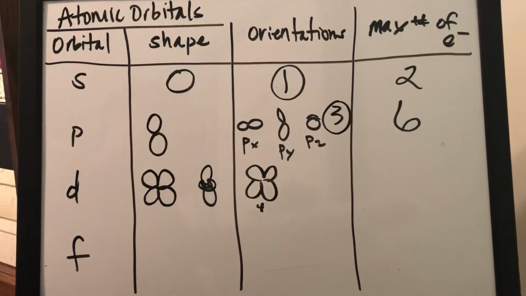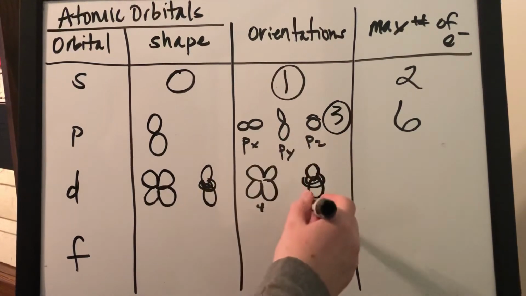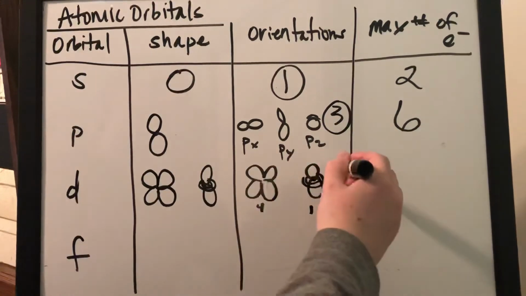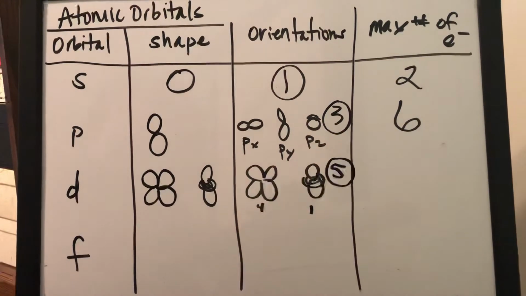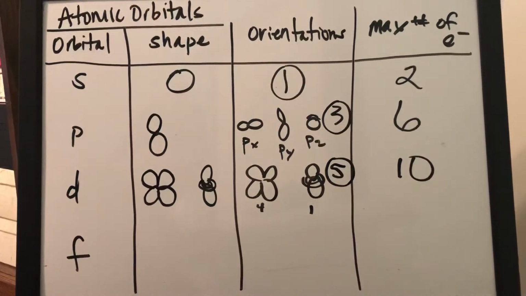And again, I'll attempt to show you that in class. And there's one of these p with a donut, for lack of a better word, giving you a total of 5 orientations. And again, each one of those orientations can hold 2, so 5 times 2, max number of electrons would be 10. And the fourth and final type of orbital are the f orbitals.